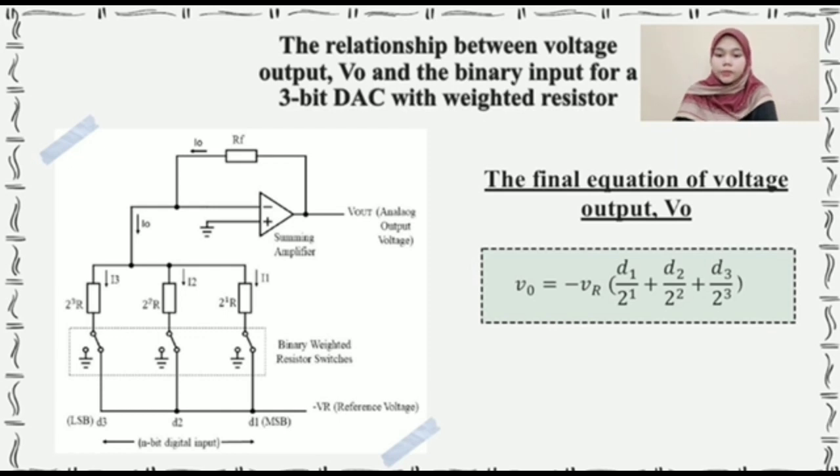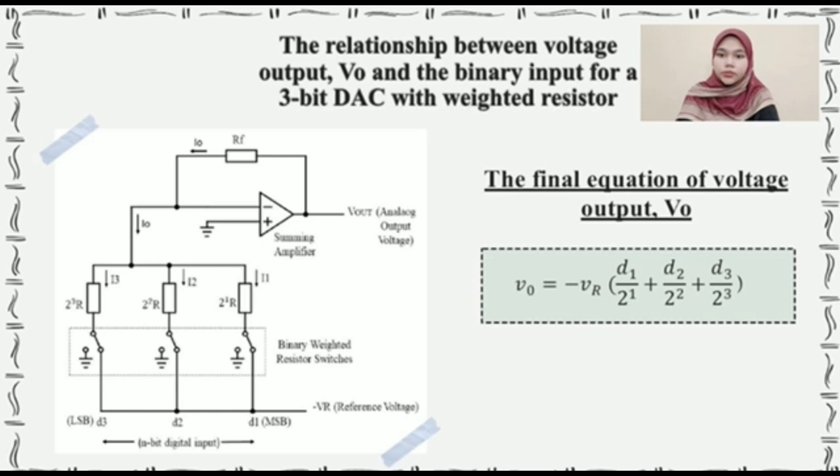Okay, from this equation, note that D1, D2, and D3 represent the status of the switch, either open switch or closed switch. Open switch means off. So when the switch is off, we substitute 0 into the equation.